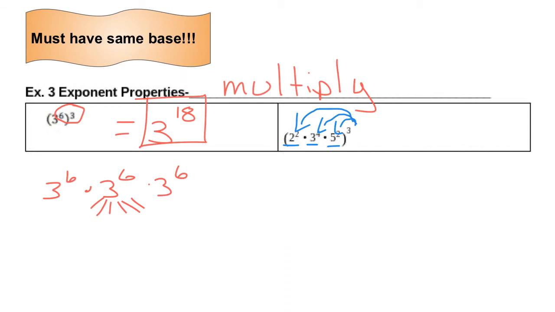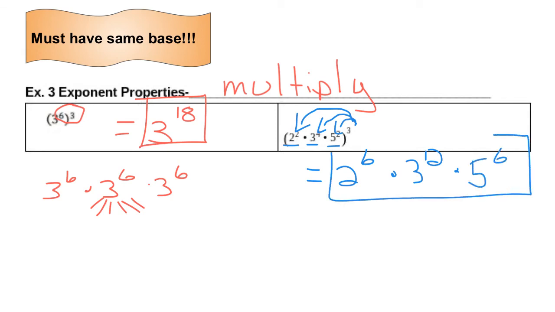So the first one we're looking at there would equal 2 to the 2 times 3, that's 6, times 3 to the 4 times 3, that's 12. And if we look at 5 squared, well, 2 times 3 would be 5 to the sixth.